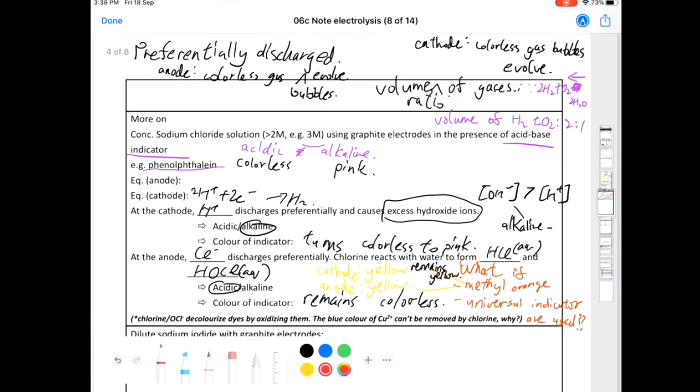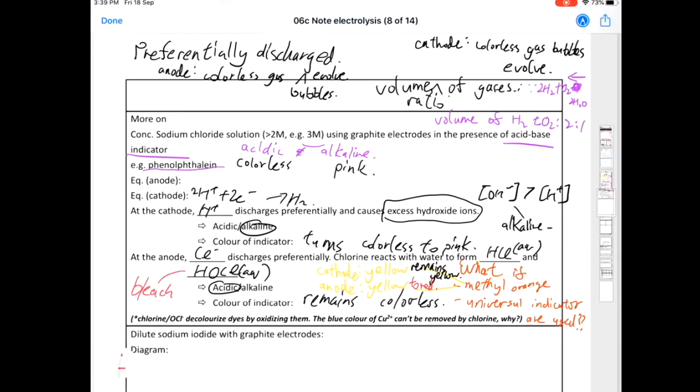Orange is actually at the position around pH 4, right between red and yellow, so it moves in that direction. But because the pH value of HCl goes even lower, it will become red. Oh, and one more observation here is that HOCl has a bleaching property.